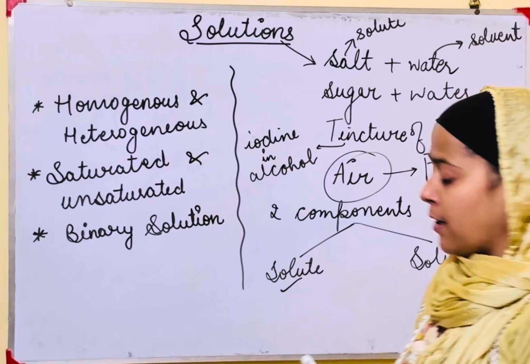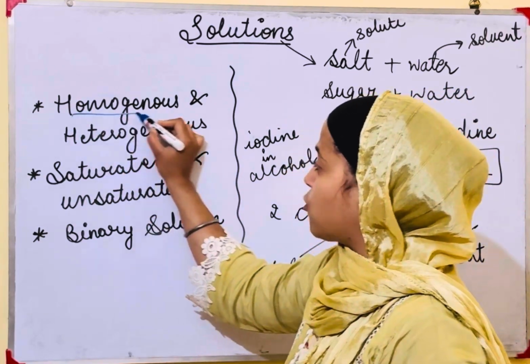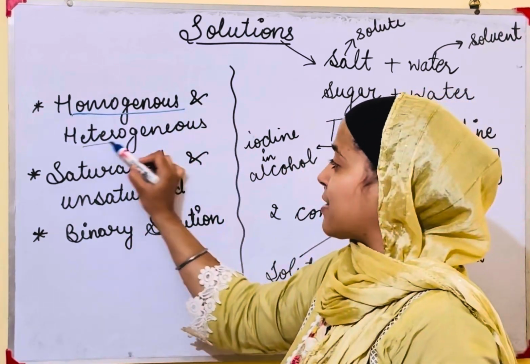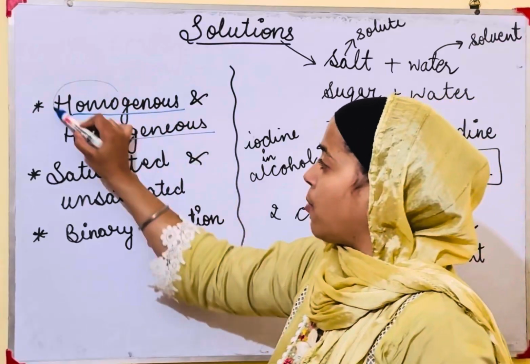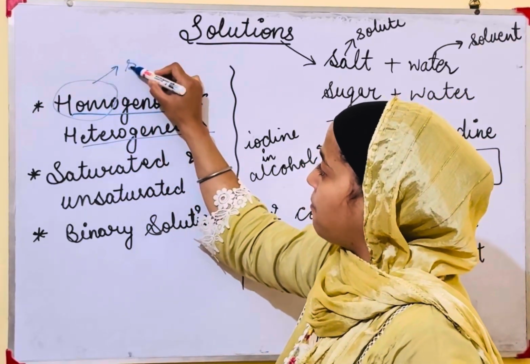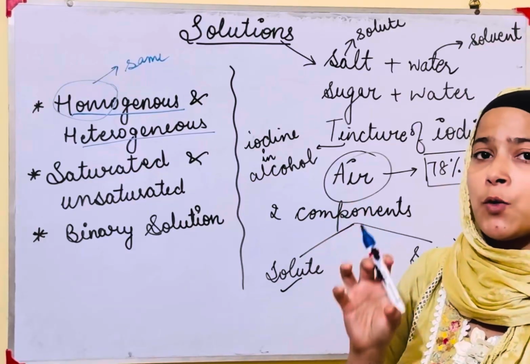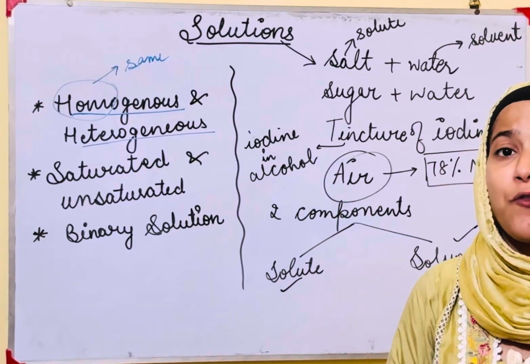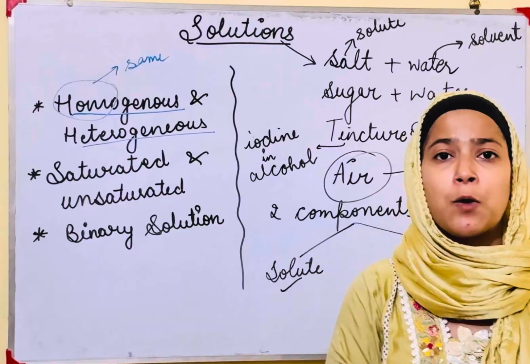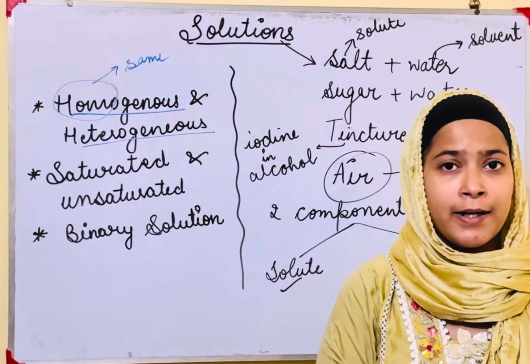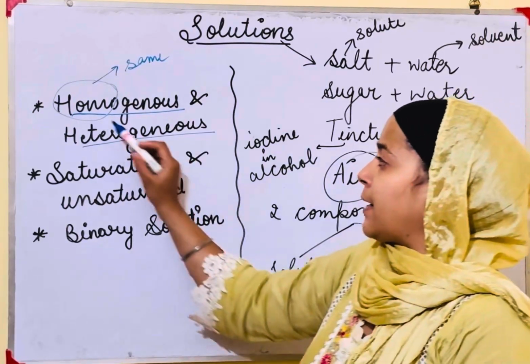Now we have to understand certain terms related to solution. Homogeneous and heterogeneous. Homo means same. So the solution in which both solute and solvent are in the same phase, for example both are liquids, both are solids, both are gases, is homogeneous.